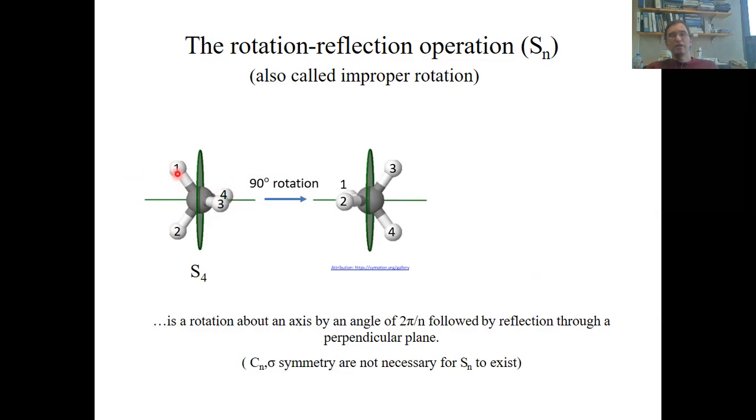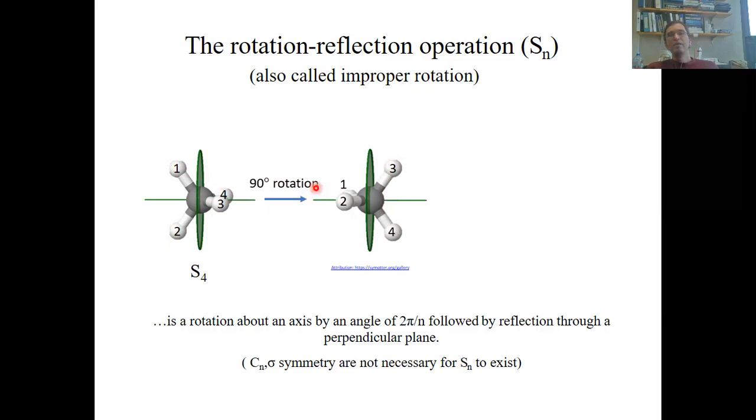And what happens then is that hydrogen atom 1 moves here from the paper plane to the back of the paper plane. So now atom 2 rotates to the front. You see it now here. So atom 4 is now pointing to the back, and atom 3 is now pointing up.